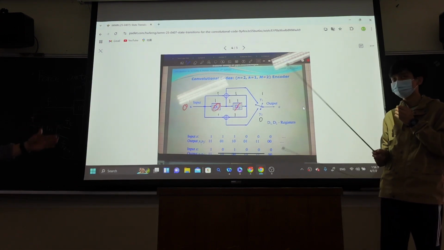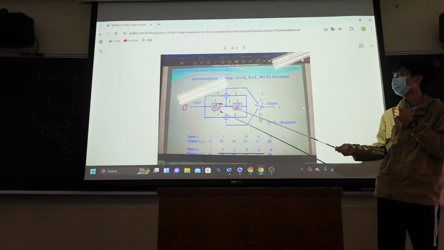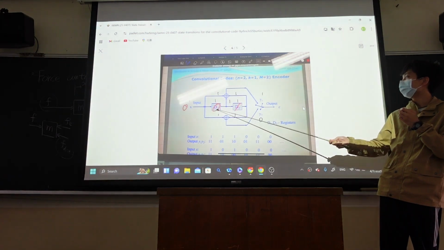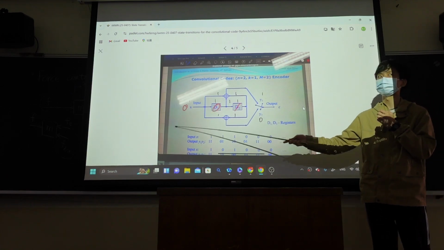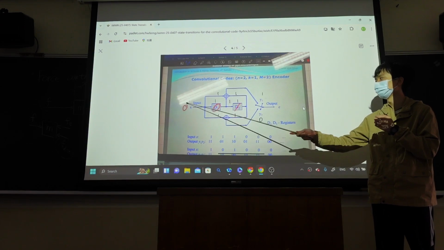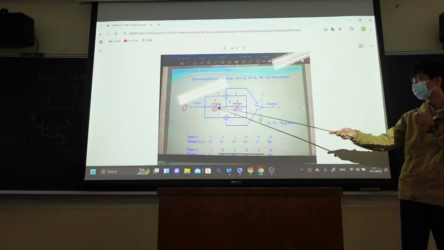In our case, the previous input is 1, so it's 1 and 1 in the register, because it is from the previous input, and the newest input in our case is 1. So we get 1 and the other 1.